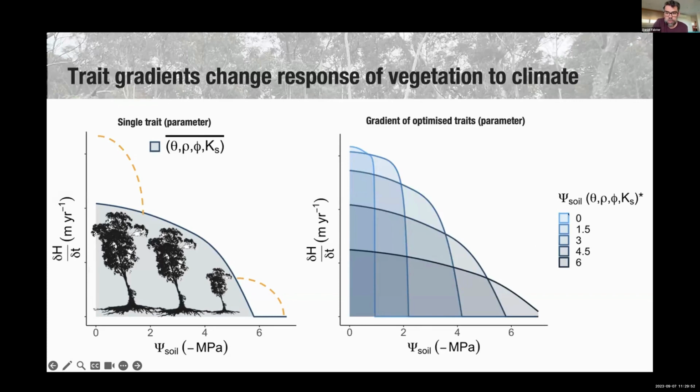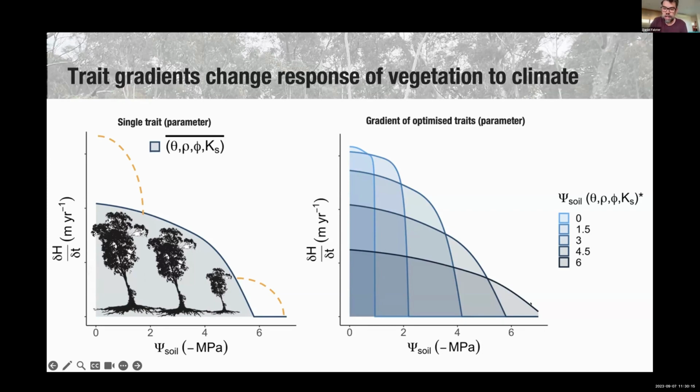We've taken our model, we've optimized traits in different environments, so at different points along the gradient, and then we've run all those species out along the whole gradient. And what you can see is that the species which is adapted to good conditions can grow much, much faster in those conditions, but then drops off really rapidly because it's a more risky strategy.